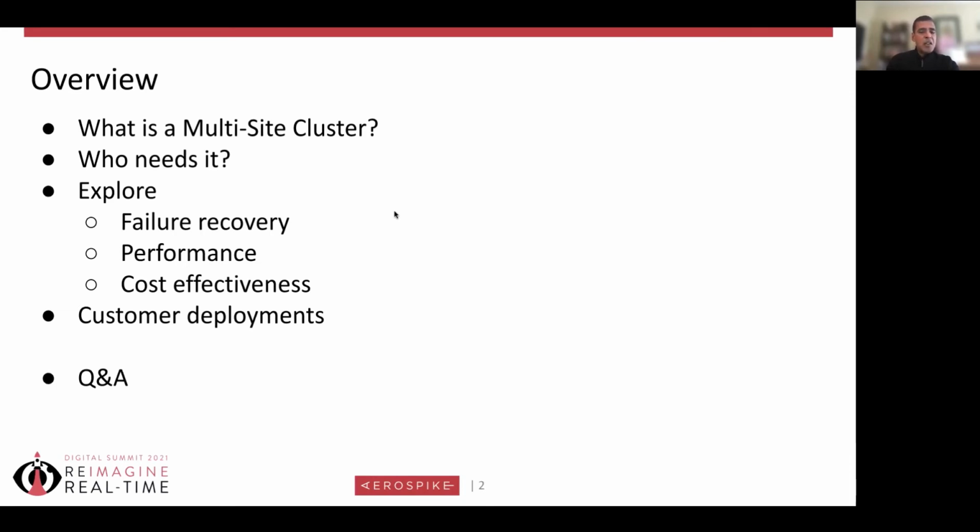And this is going to be the thrust of today's session. We'll also look at the performance characteristics as well as why it is cost effective. Then we'll look at a couple of customer deployment examples in the payment processing area. And at the end, we'll have some time left for Q&A.